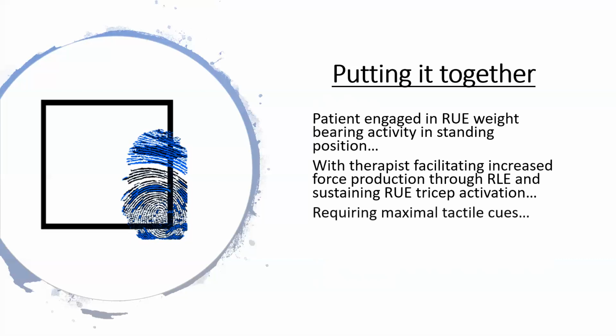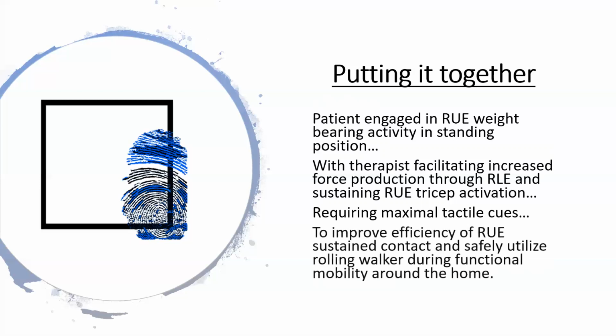Then how did they do? They required maximal tactile cues or maximal facilitation techniques or something along those lines. And then why are we even doing that in the first place? We're doing it to improve efficiency of right upper extremity sustained contact and safely utilize the rolling walker during functional mobility around the home.